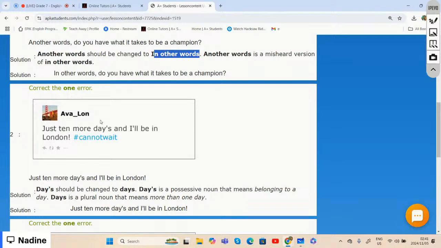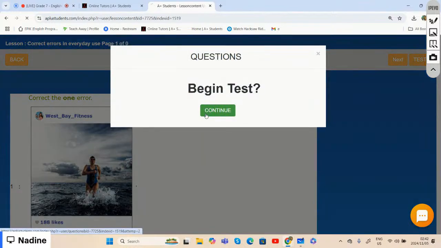But if we say 10 more days, more than one day, we need the plural form, which is only days with an S. So we would say 10 days, D-A-Y-S, without the apostrophe.